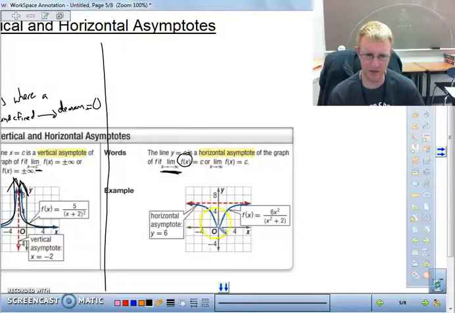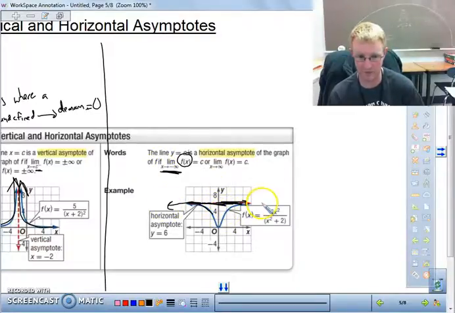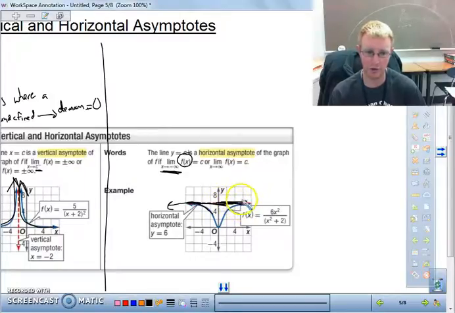But here you can see as I go further and further to the left, you can see that my line is approaching this line right here. This line of 6. So that would be where our horizontal asymptote is, because as you go to negative infinity or to positive infinity, you'll see that our line is getting really, really close to y equals 6. So therefore, our horizontal asymptote here would be y equals 6.